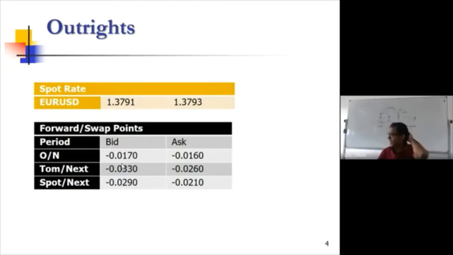Can I see the board once? Indeed, one thing, yes. This goes in line with what we had earlier. Because this is overnight, what is the swap point that you have to add to the cash rate to get the TOM rate? In that sense, this is correct.